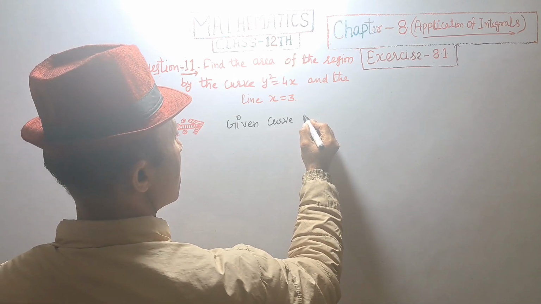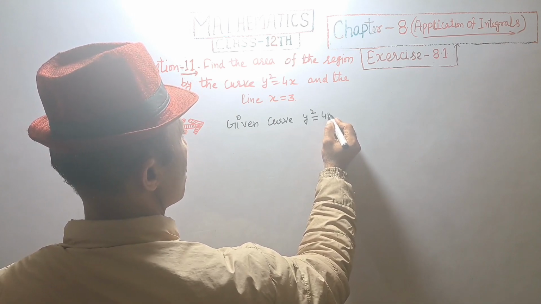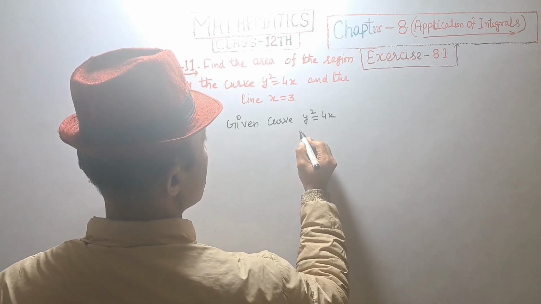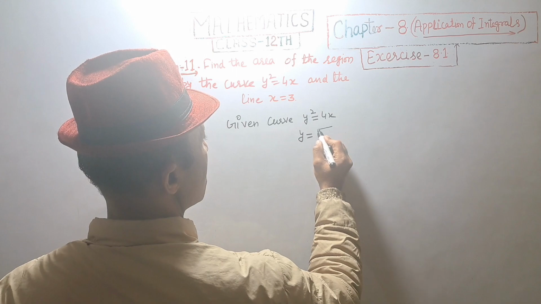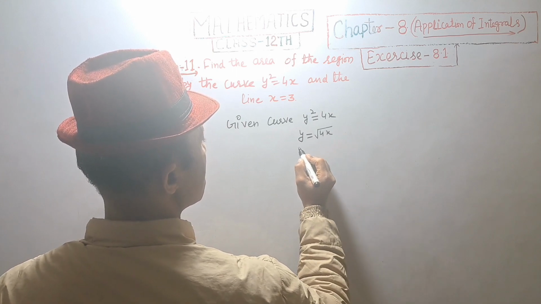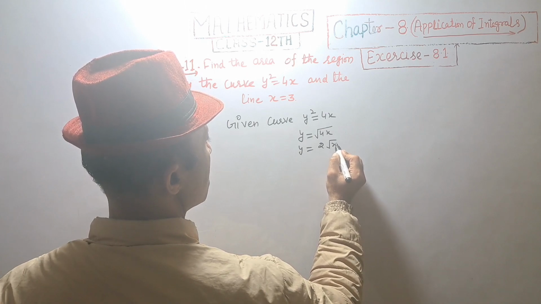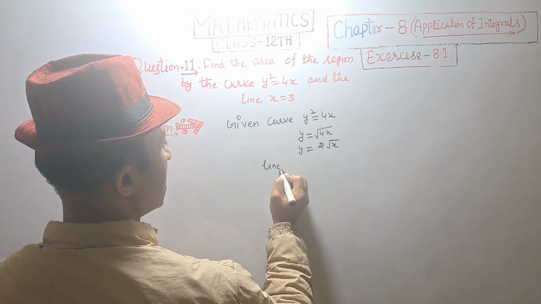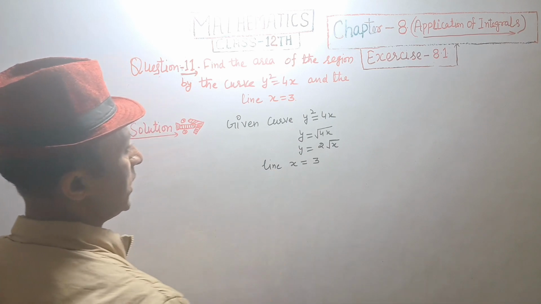Given curve is y square equal to 4x, so y is equal to under root of 4x, y will be 2 root x. And given line x is equal to 3.